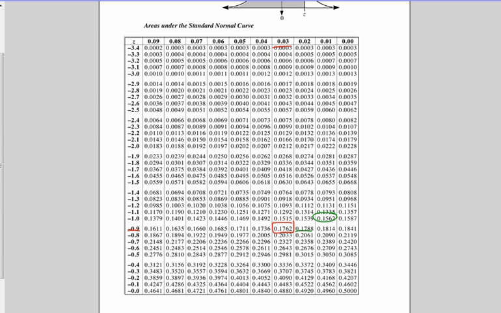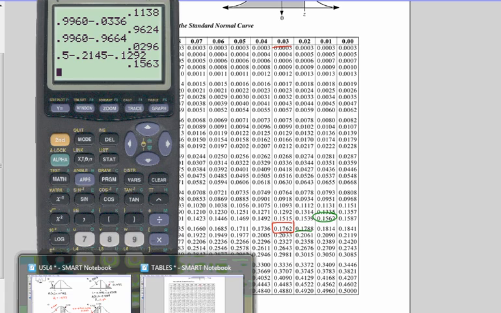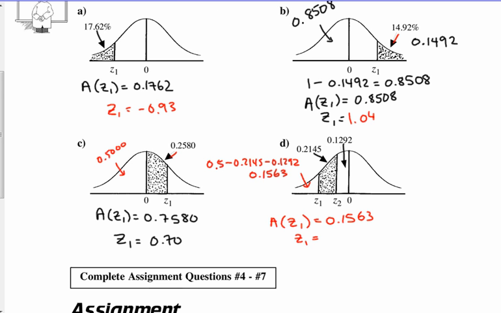That's the closest one, so that would be a z-score of negative 1.01. So that was the z-score Z1.